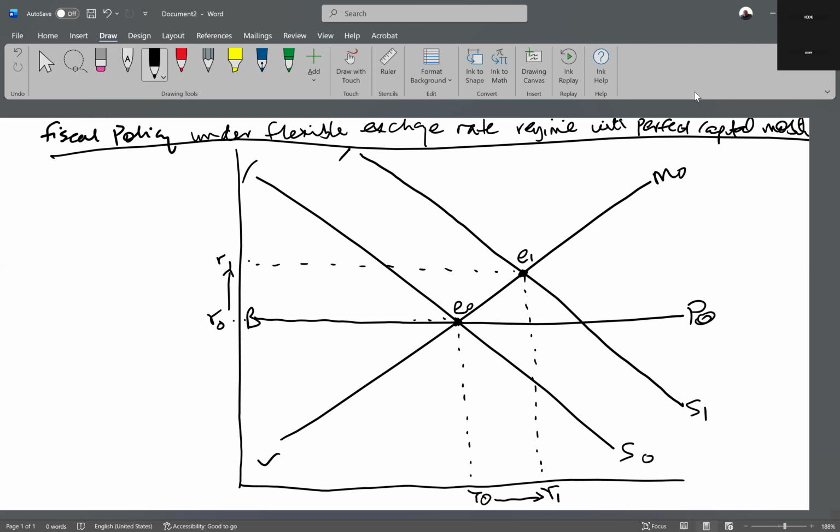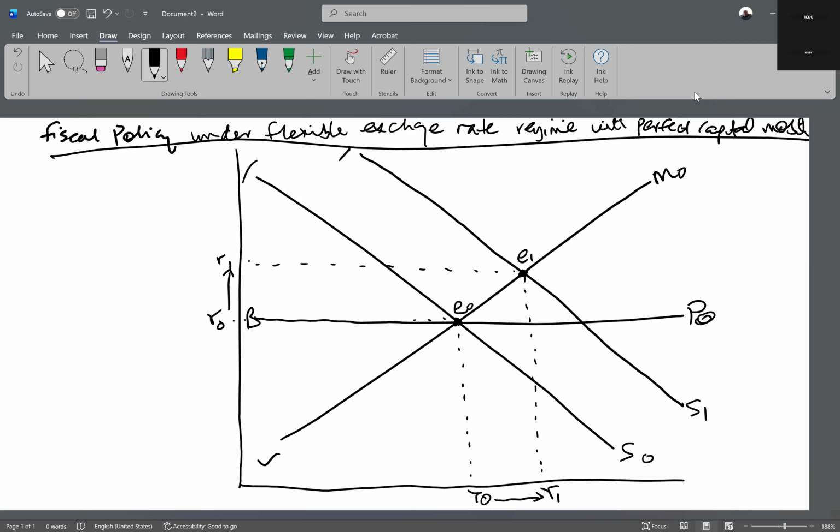When the cedi appreciates in value, imports become cheaper and exports become expensive. As exports become expensive, demand for exports will fall. As imports become cheaper, demand for imports will rise. So imports will exceed exports, which will lead to balance of payment deficit.